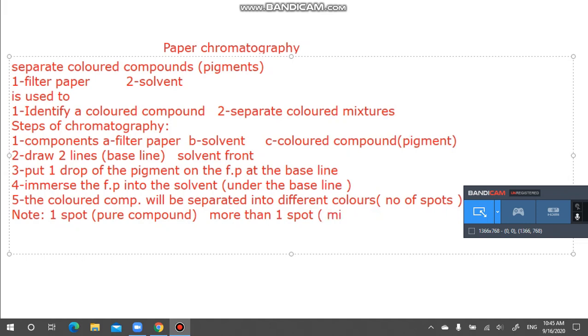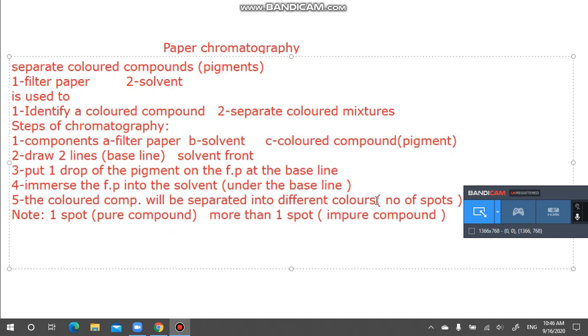So it's a mixture, or we can call it an impure compound. If we have one spot, the compound is pure. If we have more than one spot, it's an impure compound.